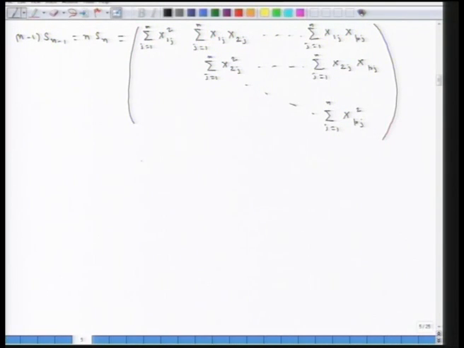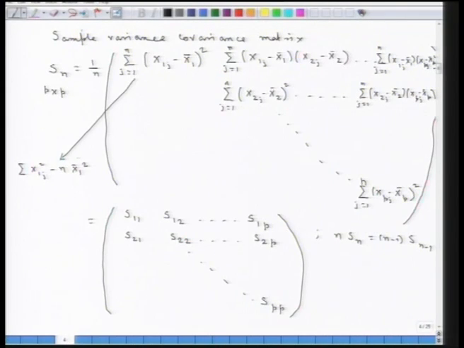So this is the first entry, the first block actually, and then this minus n times the sum of squares entries which we will be getting, like here n times x1 bar square will come here, n times x1 bar into x2 bar will come here, and similarly the other entries will follow.